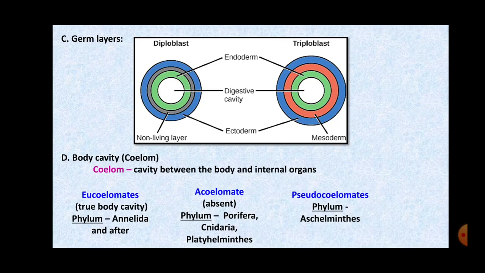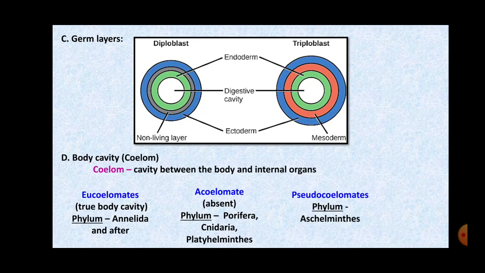So when you study these animals, some animals will have only two germ layers, your cnidarians, the third phylum of non-chordates. Otherwise in most of the remaining animals you will have these three germ layers, that is endoderm, ectoderm, and the center mesoderm. Clear?